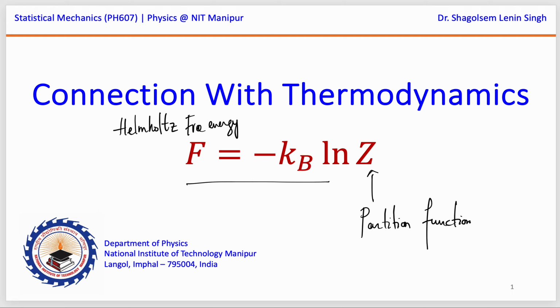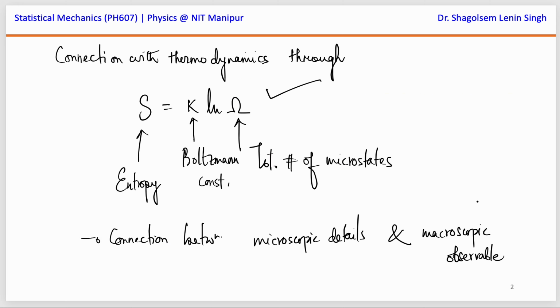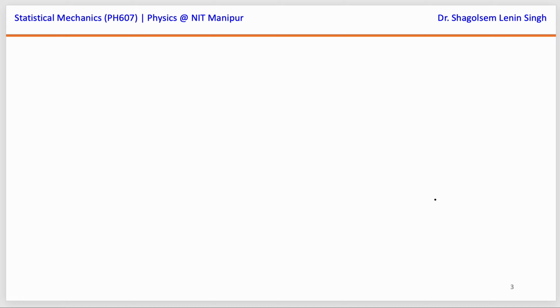So this relation we're going to establish, and I just reminded you of this because this is equally a good relation which connects the microscopic as well as macroscopic. Now that we have already learned how to write down the partition function, we are ready to derive this relation to thermodynamics and the microscopic dynamics, but in a different language.